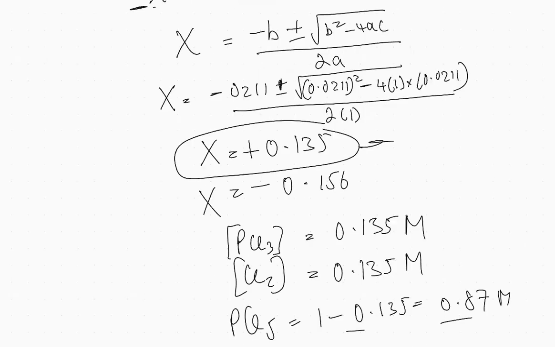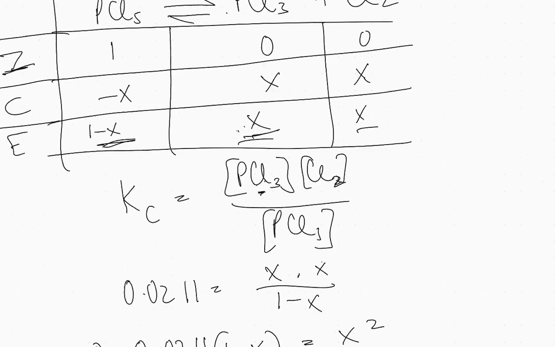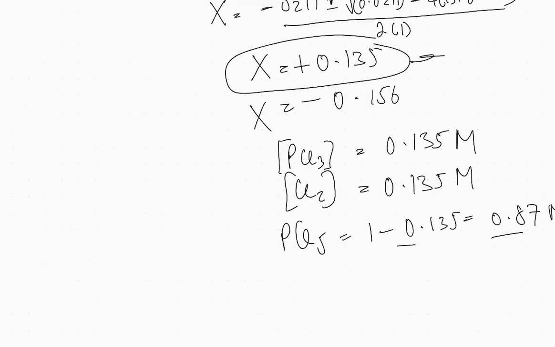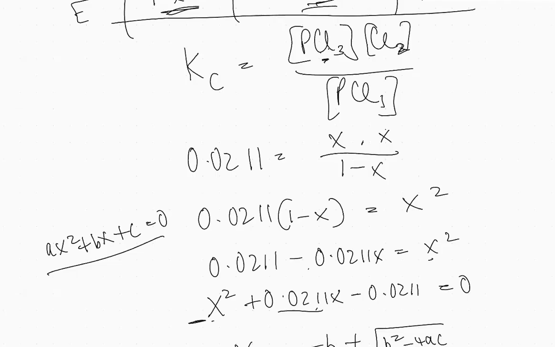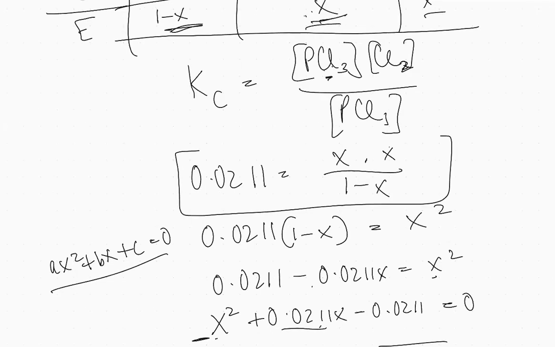Now, this is a bit difficult, right? There are times that you can simplify the situation when it comes to here, because this is where it started becoming quadratic, right? In some situations you can say this 1 minus x, because x is very, very small compared to the original concentration of 1 here, we can say 1 minus x equals 1.